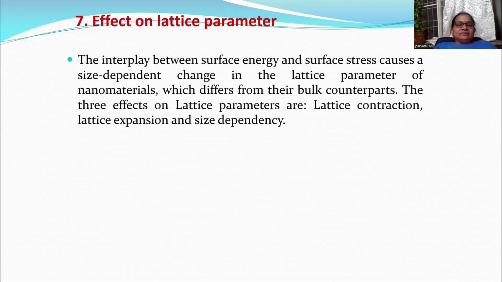So the three effects on lattice parameters are lattice contraction, lattice expansion, and size dependency. Generally, based on the size, the surface stress or surface energy is changing. When you consider bulk materials compared to nanomaterials, these are different. When it comes to nanoparticles, more atoms are available on the surface, and the surface energy plays a major role.